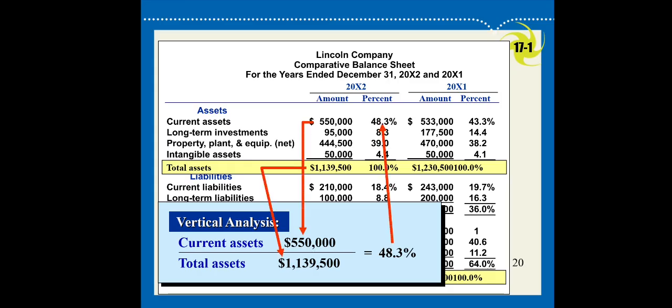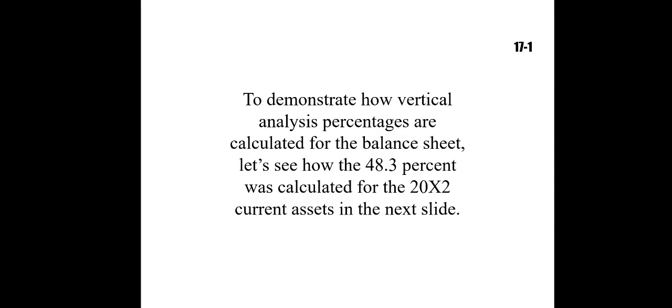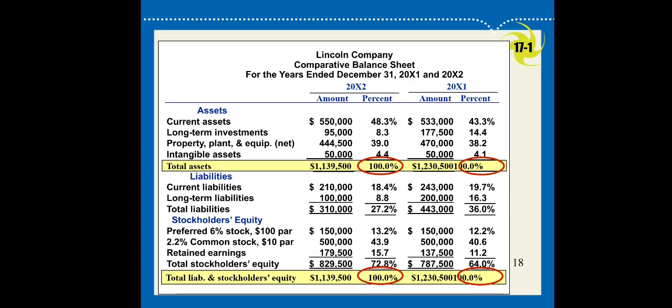Okay, see, the total asset is always equal to 100%, and the total liability and stockholders' equity also is always equal to 100%. So you can use that number as the basis of your calculation, 100%.